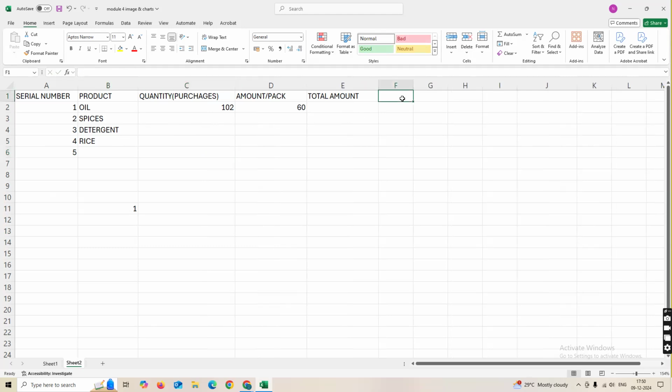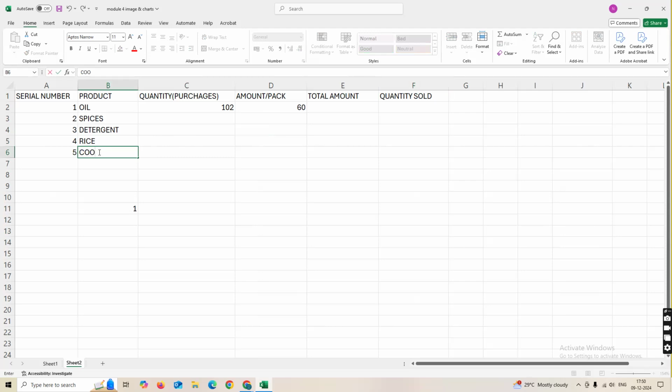And here I will have quantity sold. This amount means the price of that product, right? Yes, the price per pack of that product. The product is oil, the product is spices, the product is detergent, the product is rice or whatever the product is.